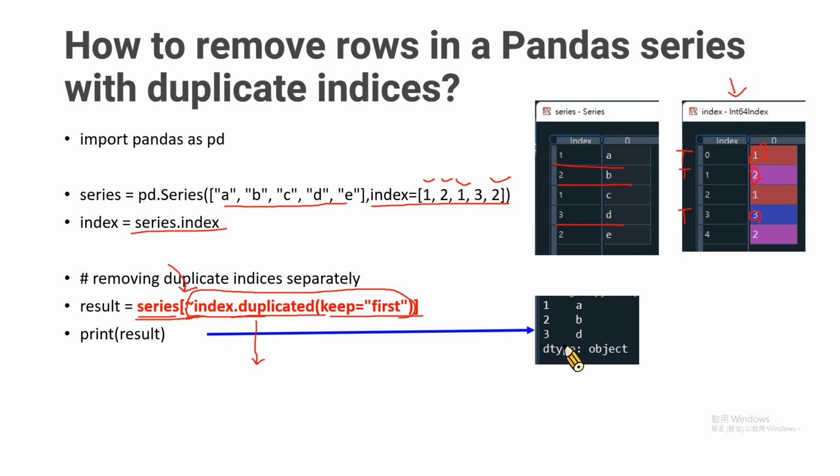And you see here is the result. Here's the new result for the series. So this is a very useful technique for how we remove the duplicate index in the series.